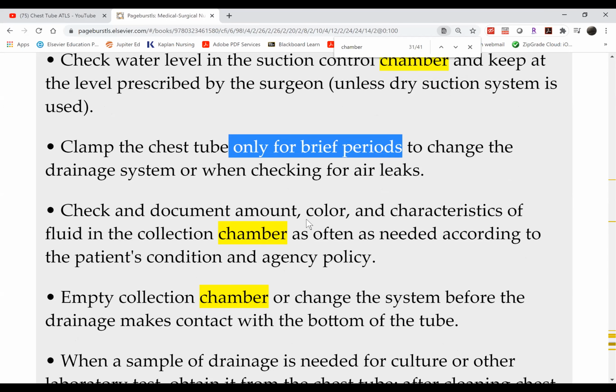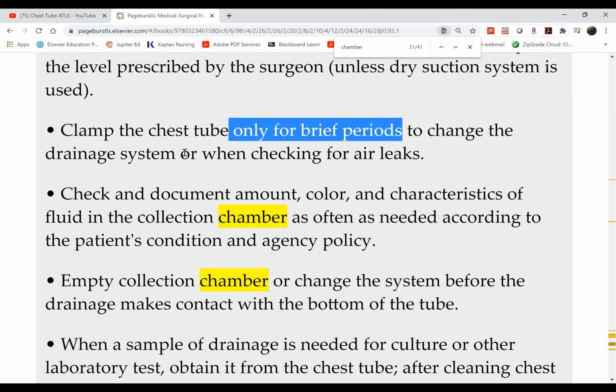So this is one of the uses of your clamps. So we have a leak on the water seal. There's continuous bubbling on the water seal, so we'll look for a leak. So it's simple. Again, the most common spots are the patient's chest wall, at the insertion site, or at the connection.